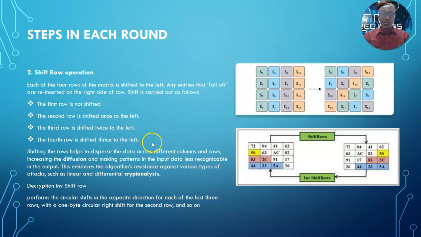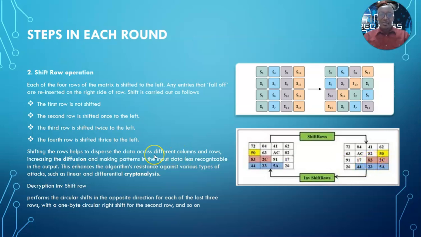But for the third row, you have to do 2 shifts. So you move this value here to where 2C is, and 92 goes to where 83 is, and then the others take the previous positions where you had the 2C and 83.